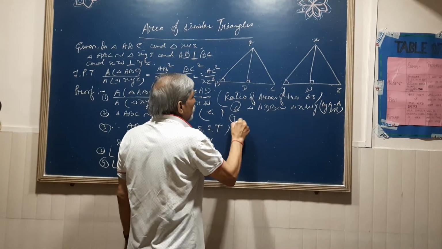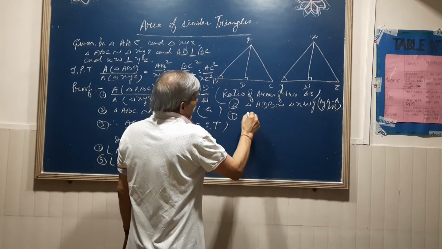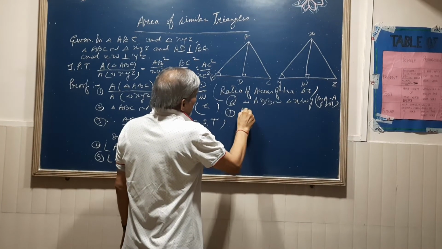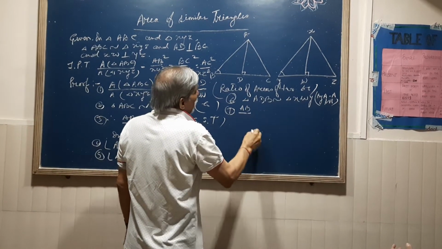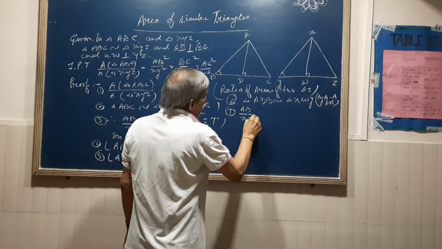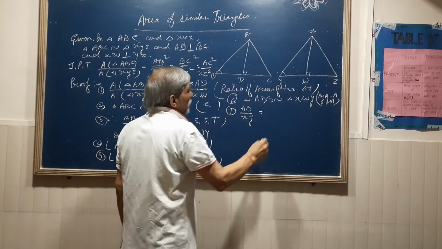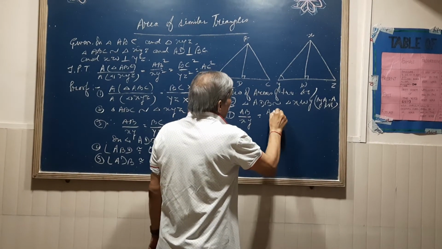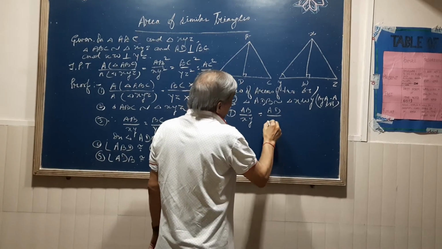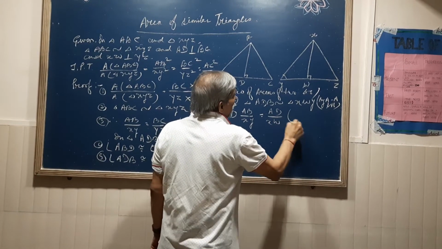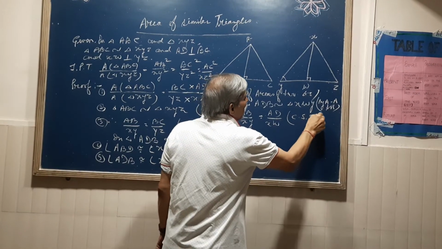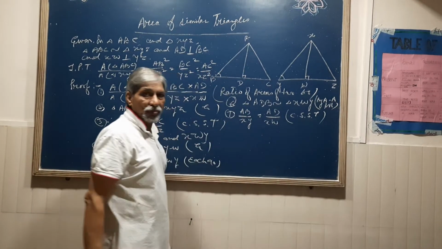That means AB upon XY is equal to AD upon XW, corresponding sides of similar triangles.